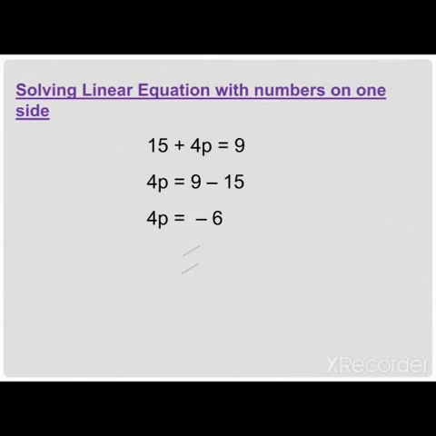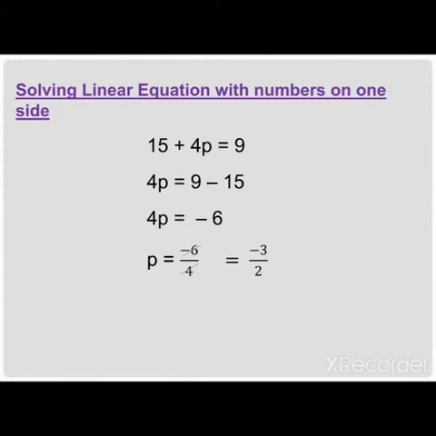Now 4 is multiplied with the variable, so we can divide on the right side, and therefore p equal to minus 6 divided by 4. Minus 6 and 4 come in table 2. 2 3s are 6, 2 2s are 4. It means our answer is minus 3 divided by 2.